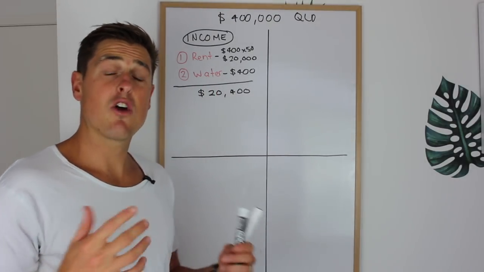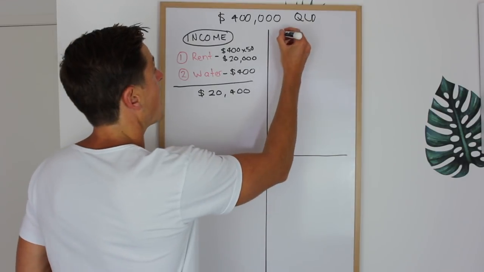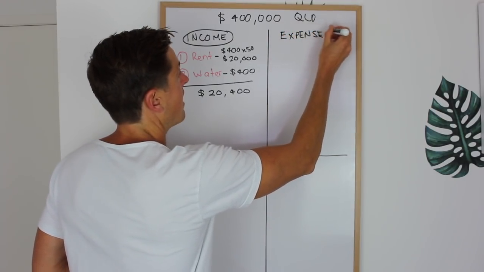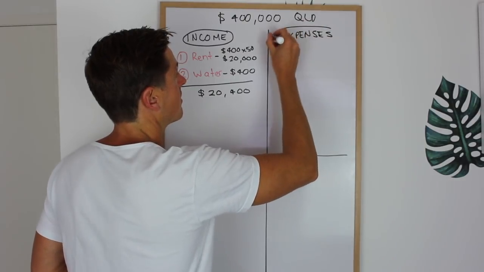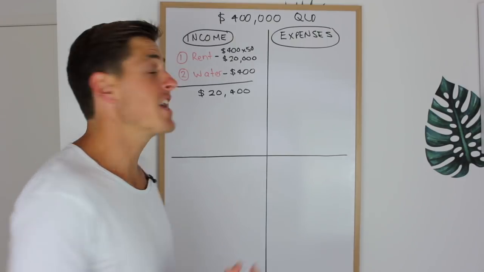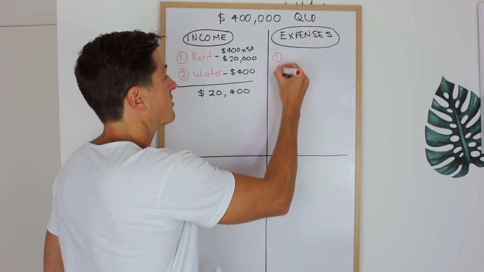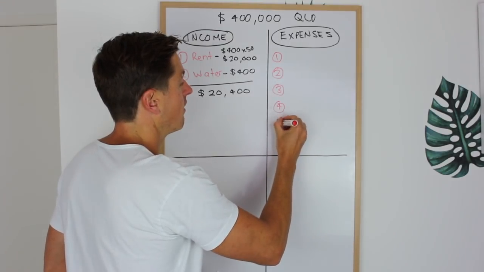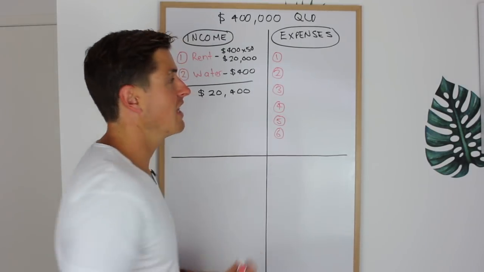Now, let's slide over to the second column, which are the expenses. Now, there's 6 major expenses when we're talking about an investment property. So 1, 2, 3, 4, 5, and lucky last, number 6.